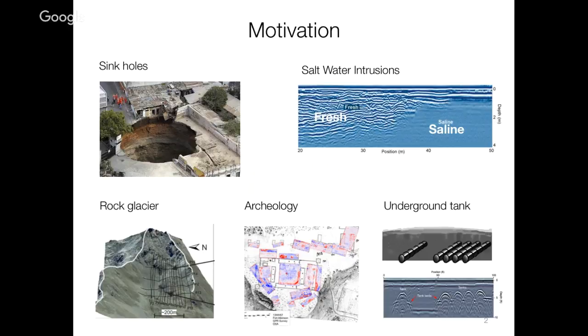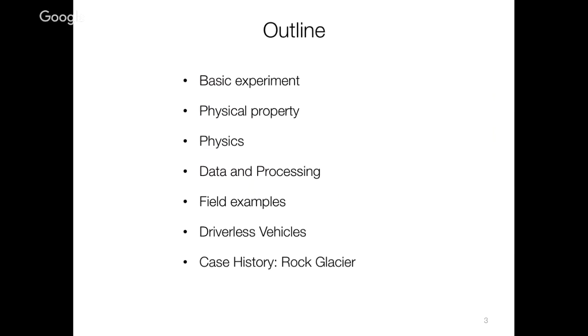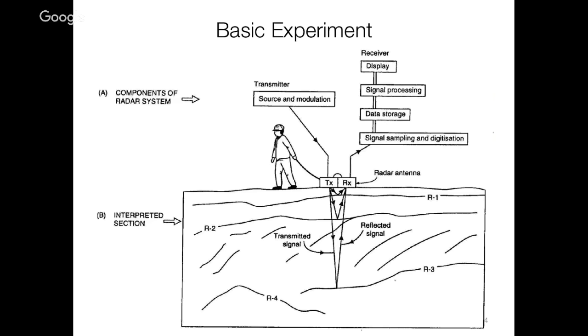It's used in archaeology, and it's also used in glacier studies because GPR travels really nicely through ice. So we're going to look at the basic experiment, talk about some physics, some field examples, and a bit of a case history.